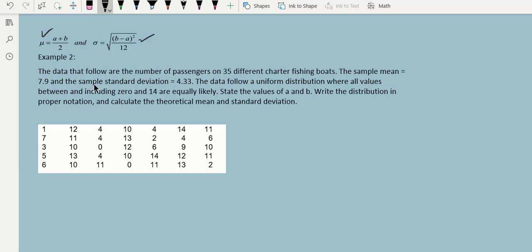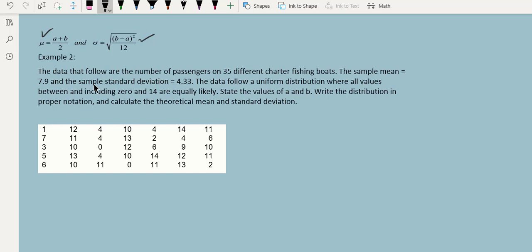The following data of a uniform distribution where all values between 0 and 14 are equally likely: state the values of a and b. Write the distribution in proper notation and calculate the theoretical mean and standard deviation.